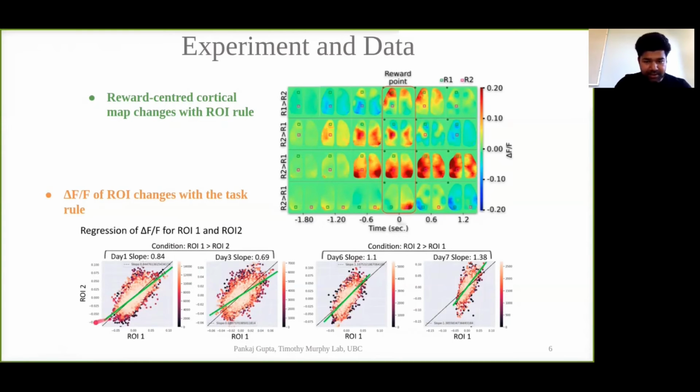And you can see the green regression line on day 3 compared to day 1 is more shifted towards RY1. On the contrary, in the right two plots, when the task rule was switched to RY2 greater than RY1, in the same mouse, the slope is starting to shift towards RY2.